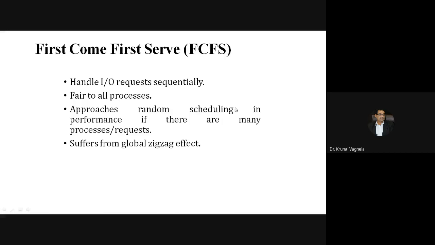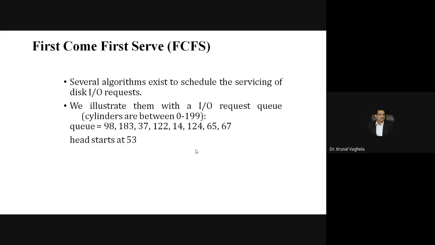The approach is random scheduling in performance if there are many requests, but the disadvantage is that it suffers from the global zigzag effect. To understand this, we need to see an example.